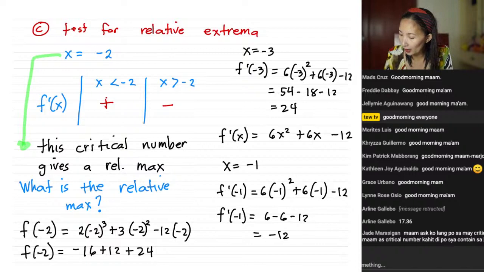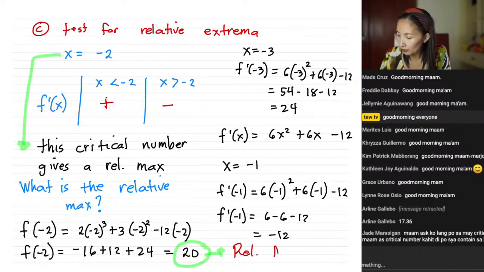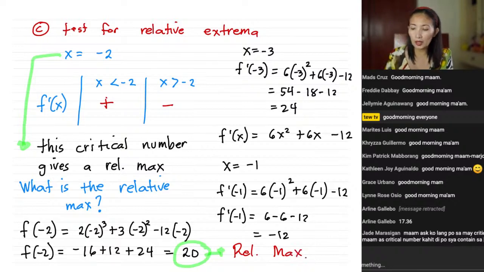And this one will give 36 minus 16, the answer is 20. What is 20 then? This is our relative maximum.